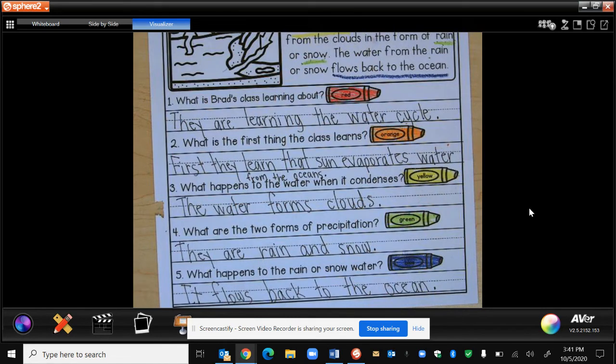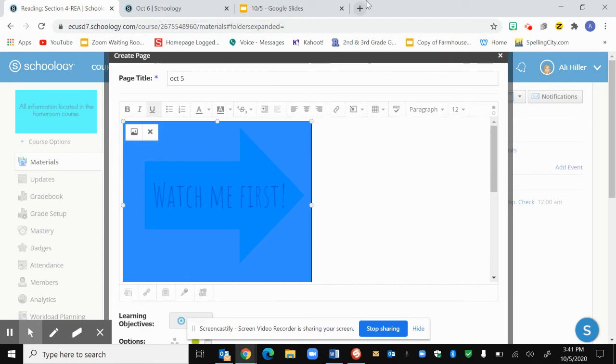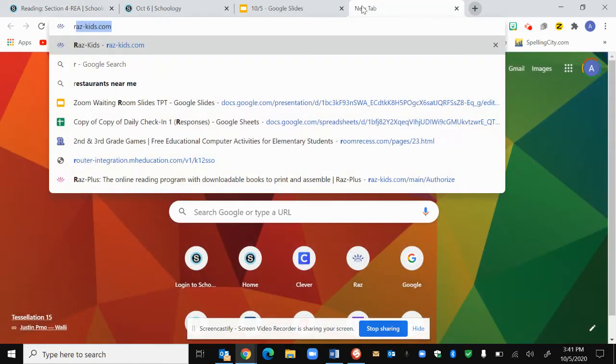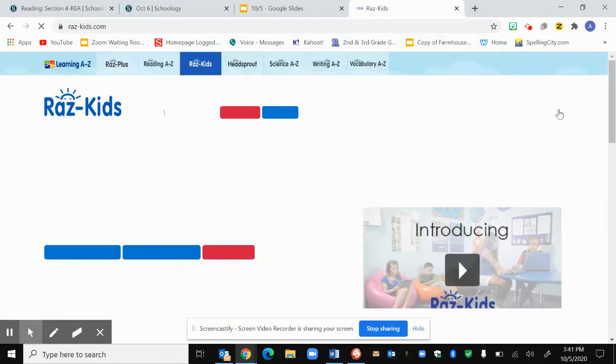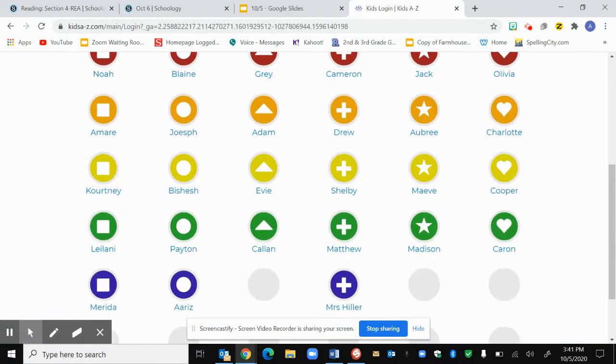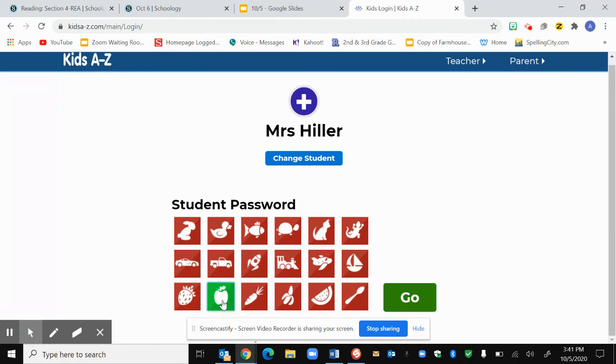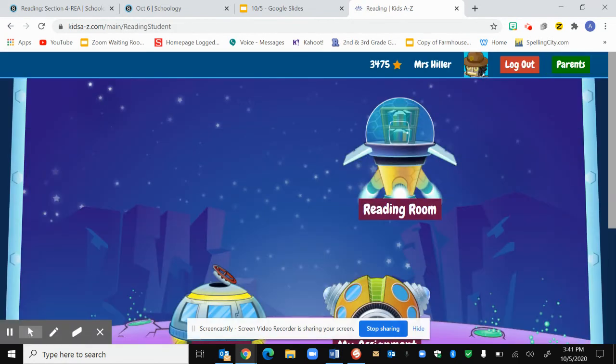Then today also you have to do, let me show you really quickly, you have to do some RAZ Kids assignments. So you're going to click on that second button and it's going to take you to RAZ. Now here's the deal. Mrs. Hiller is going to be emailing families of friends that have not been doing their RAZ because RAZ completion is part of your grade.